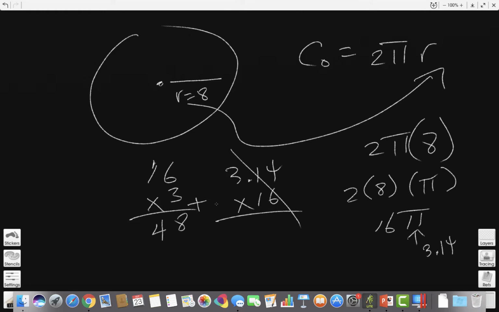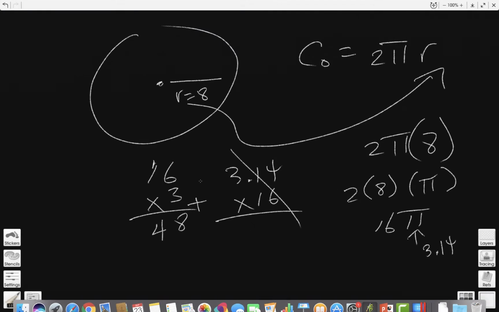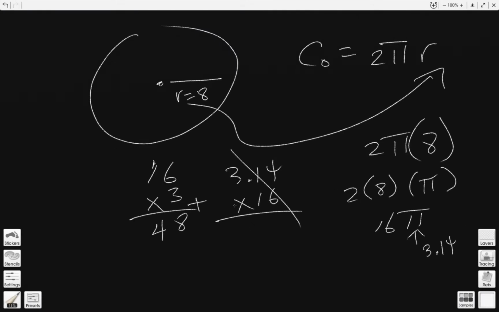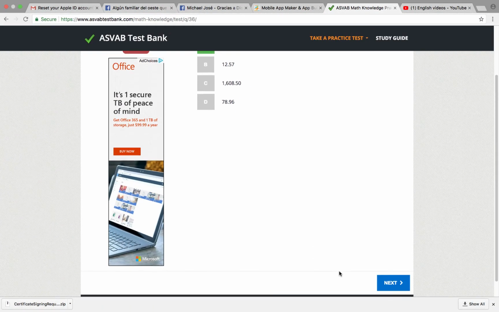It's going to be a little bit larger than 48. A little bit larger than 48 is 50.27. Because the answers are so distant, you can be less precise and still get the correct answer. If you multiply by 3.14, you get the exact closer answer, but we just want to do the question and get it right. So that'd be letter A.